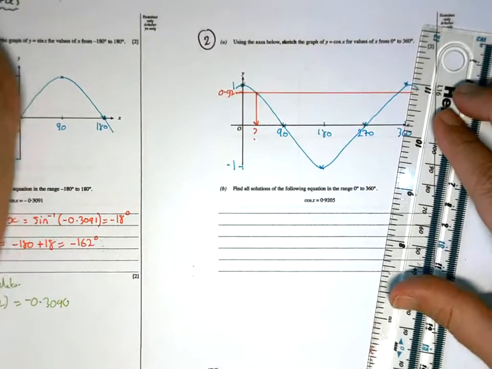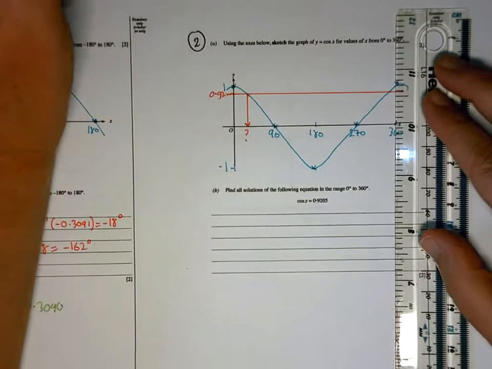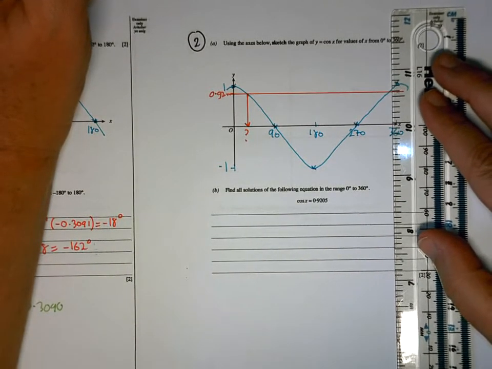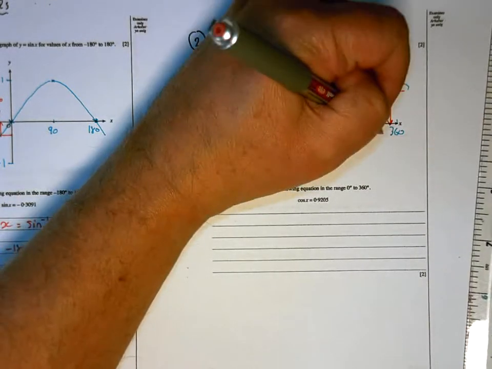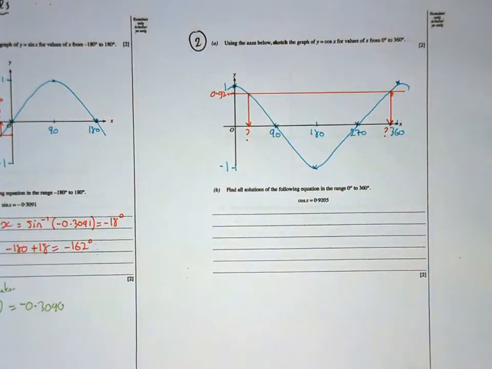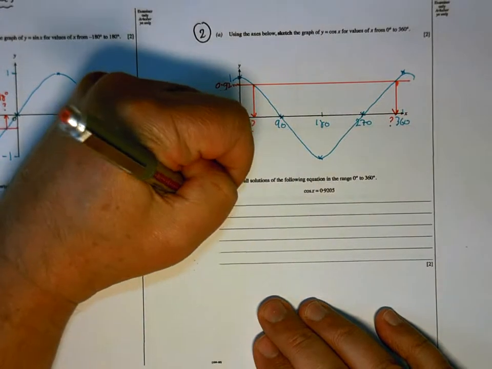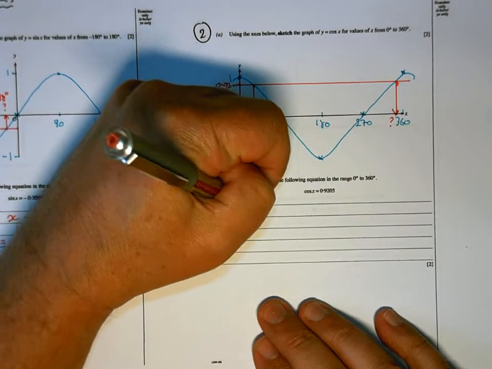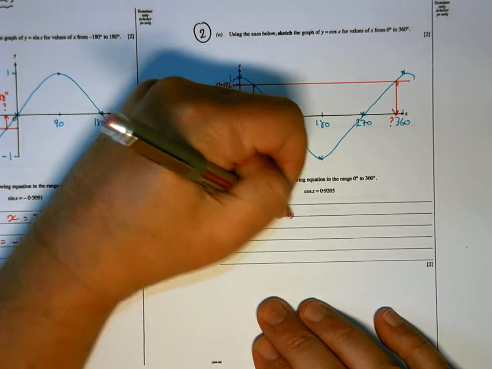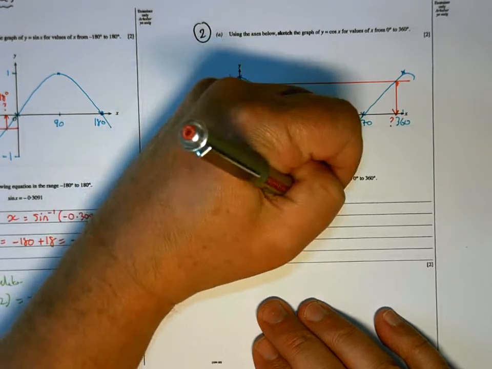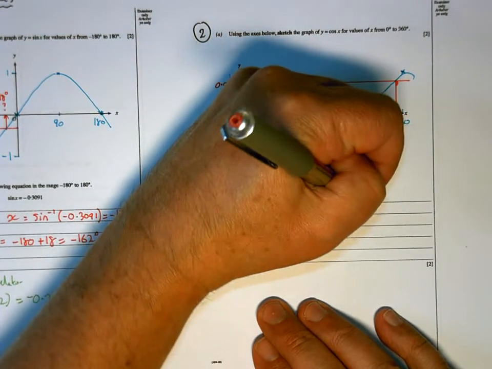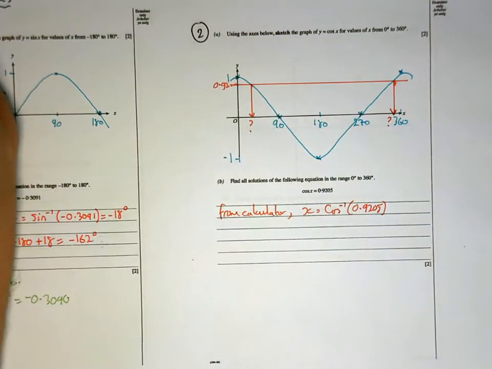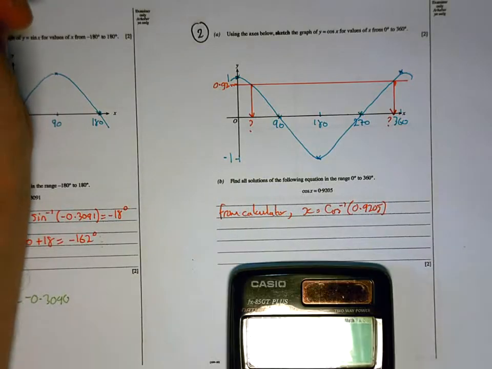So what we're looking for is that value, which the calculator will give us, and this value over here, which we will use the symmetry of the curve to find out. So from the calculator, x is going to be cos to the minus 1 of 0.9205.